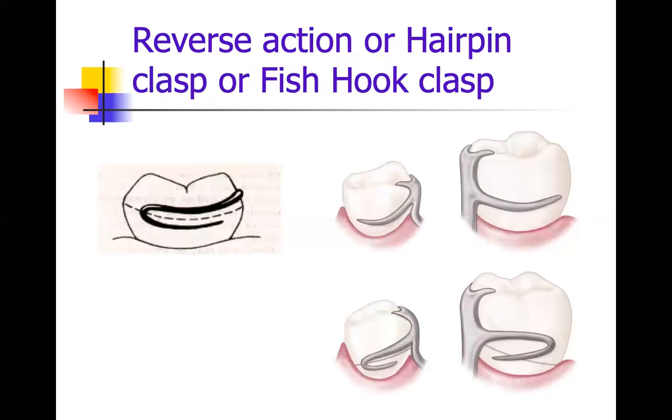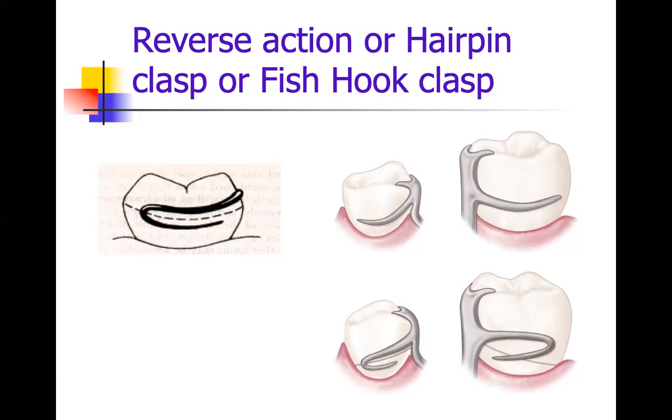The reverse action or hairpin clasp is used when the undercut is located at the facial disto angle adjacent to an edentulous space, this one, and soft tissue contour prevents the use of a bar type of clasp.